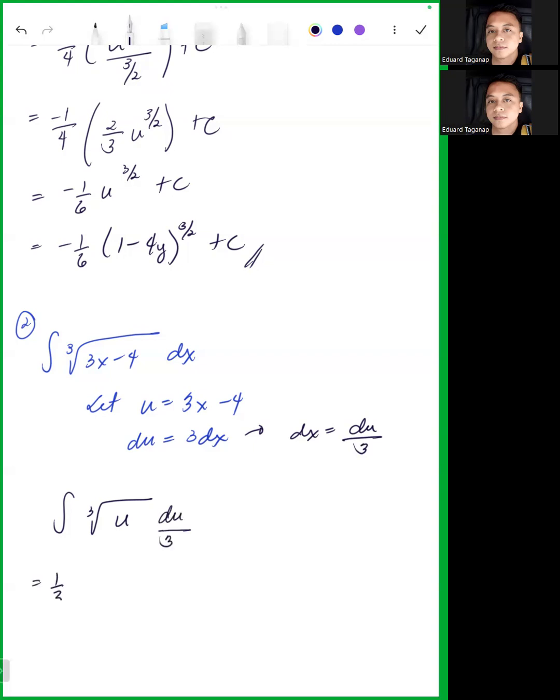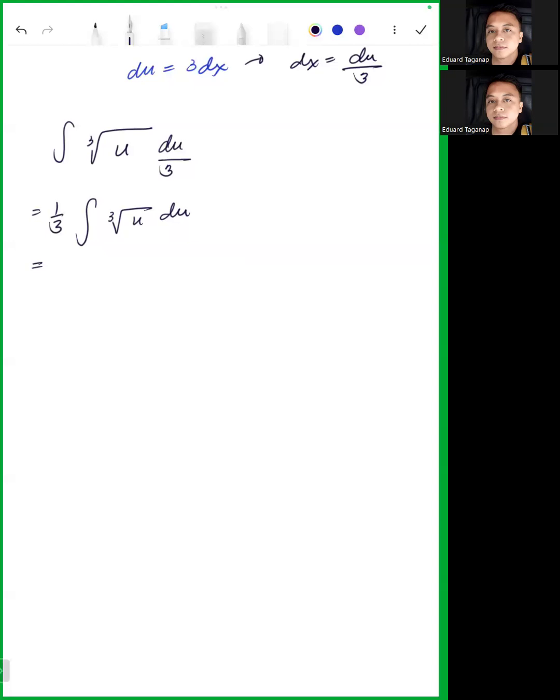So we have 1/3 the integral of the cube root of u du, which is u raised to 1/3 du. Now, when we are applying the power rule, we are not going to write the integral symbol anymore. The power rule is you add 1 to the exponent, and whatever the sum is, that would be the denominator, plus constant.